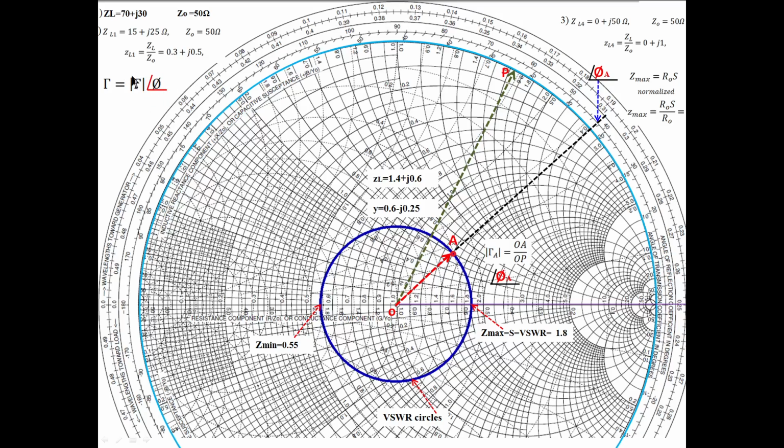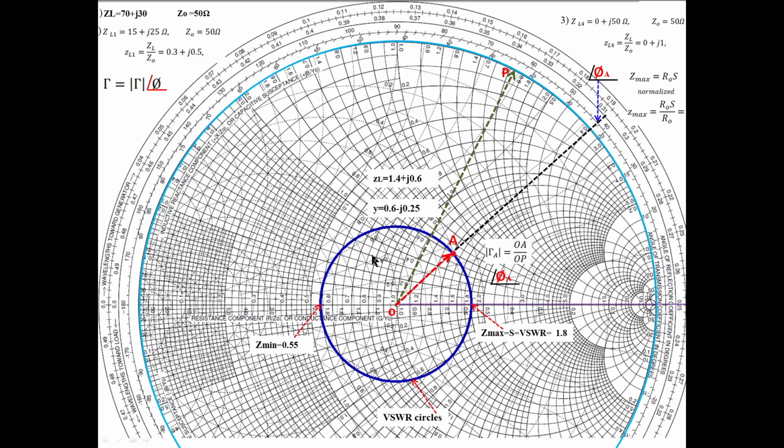Finally we are left with the value tau, which is again complex, with a magnitude and a phase angle. But using mathematics it is a little time-taking. To avoid that, we can use the Smith chart. This is a Smith chart here.